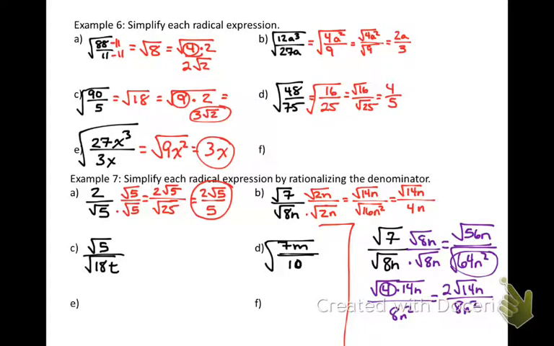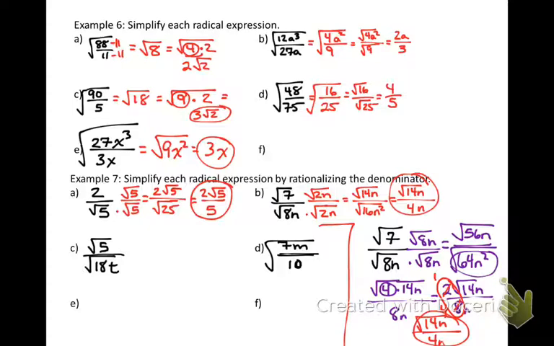But I can reduce 2 and 8. That becomes 1, and that becomes 4. So it's square root of 14n over 4n. Sorry, n, I meant n. So you got the same answers on top as you did on bottom. So it depends, whatever one you want to do.